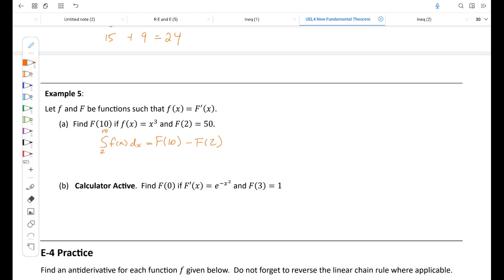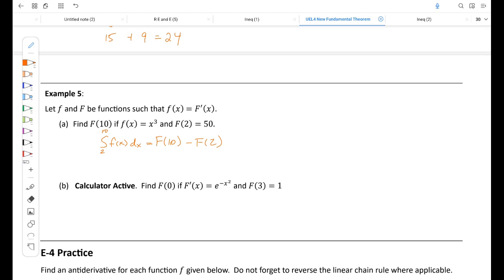There's three pieces there: the integral, F of 10, and F of 2. I know what F of 2 is. It's 50, they told me. I have an integral that I can solve, and that'll give me a number. And then I have an algebra 1 problem.